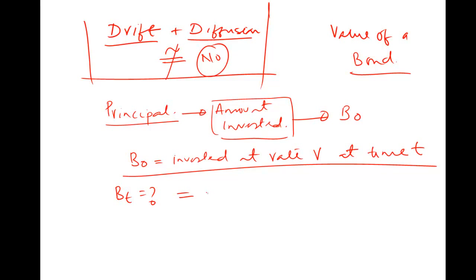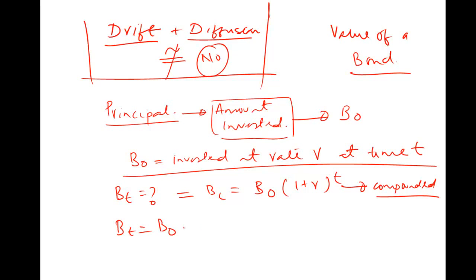And my next question is, if that's the case, then is there a model that allows me to answer the question of what would be the value of BT at any given point in time? And the answer is yes. It's B0 times (1 plus R) raised to the power T, the old compounding formula that we all studied in high school. And what if you want to continuously compound it?